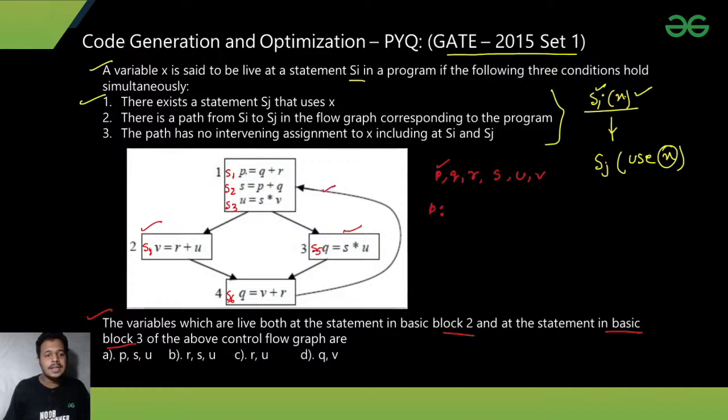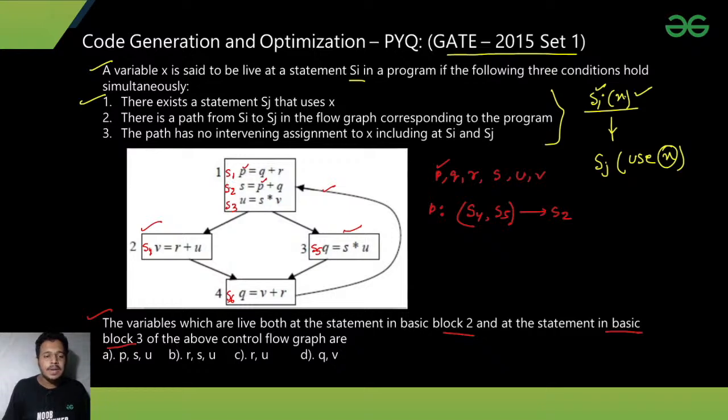In this path we can see that in statement 2 the variable p is being used. From statement 4 as well as from statement 5, there is a path going to statement 2. That is correct. But in statement 2, whatever the value of p is being used, that is already assigned in statement 1.